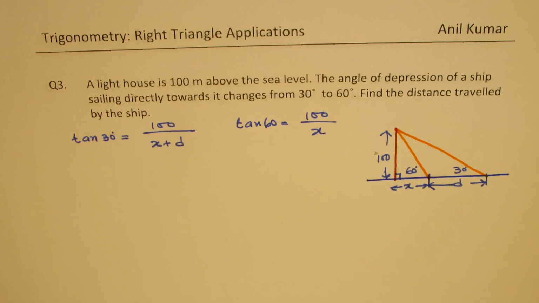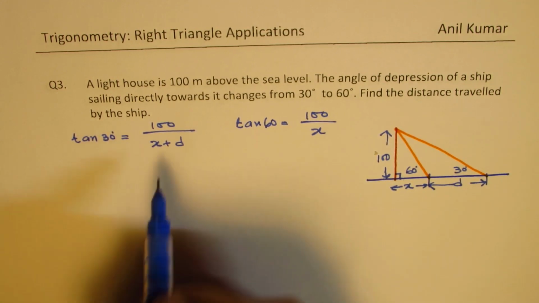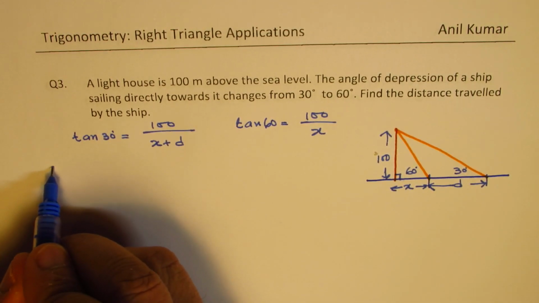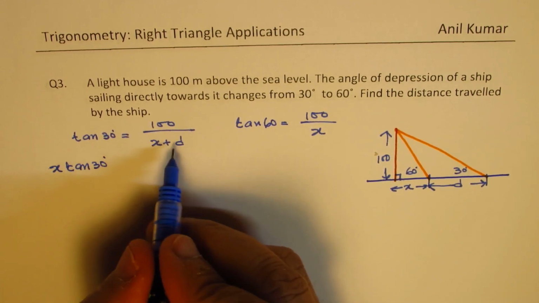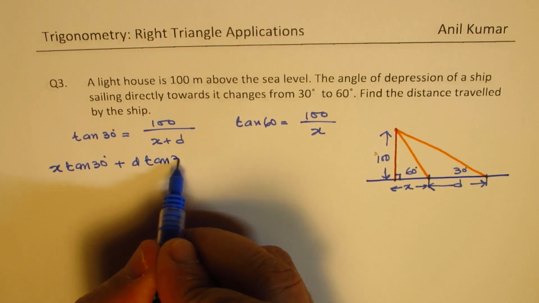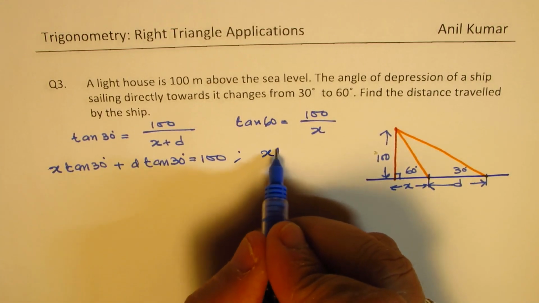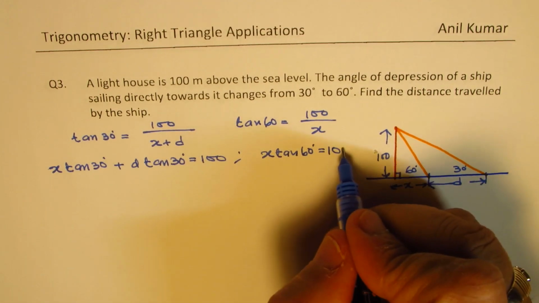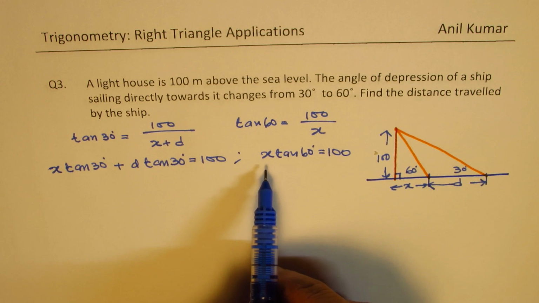Now we need to find what d is. So we can substitute the value of x and then figure it out, right? So let's cross multiply. So when we cross multiply, we get x times tan 30 degrees, and then we have plus d times tan of 30 degrees equals to 100. And here we have x times tan of 60 degrees is equal to 100. To get the value of d, we have to eliminate x.